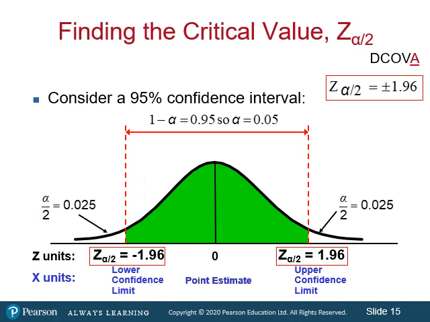How do you find the critical value of Z alpha divided by 2 from the table? Since our confidence here, the shaded region, is 95%, the tail will have 0.025 and this part will be 0.025, which is 2.5% here, 2.5% here. So the critical value, which is this number here, for 5% alpha value is negative 1.96 and positive 1.96.